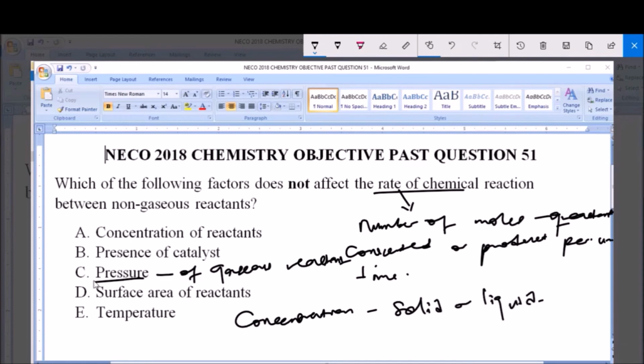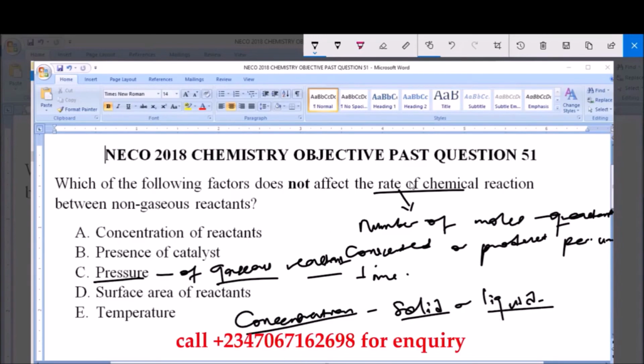So in terms of pressure, it deals with gaseous reactants, but in terms of concentration, it deals with solid or liquid reactants. Therefore pressure will not affect the rate of chemical reaction for a non-gaseous reactant, that is either solid or liquid.